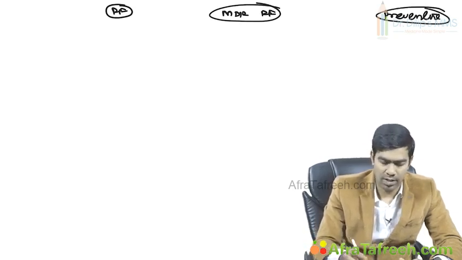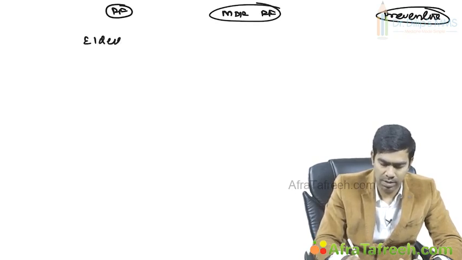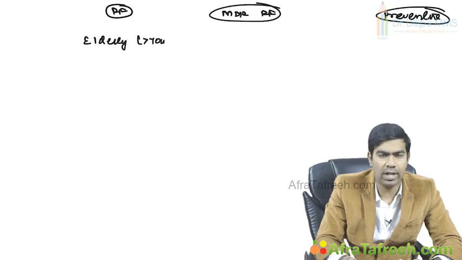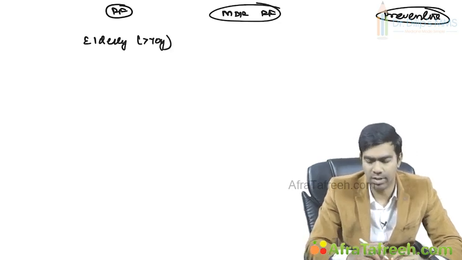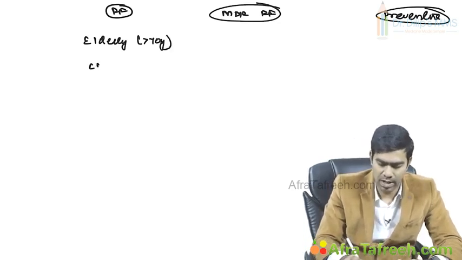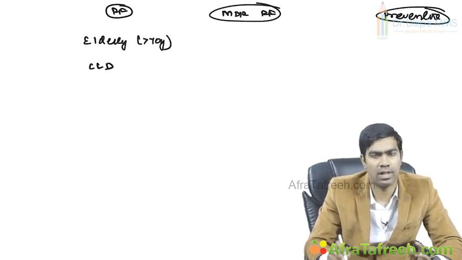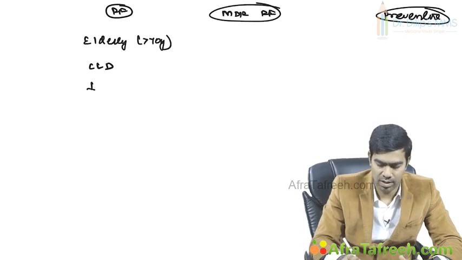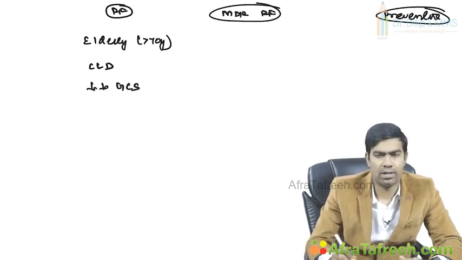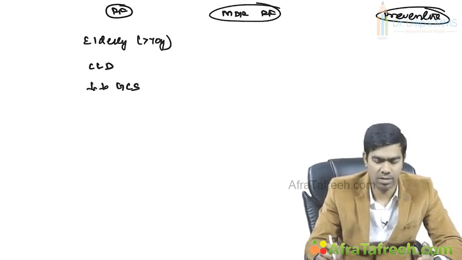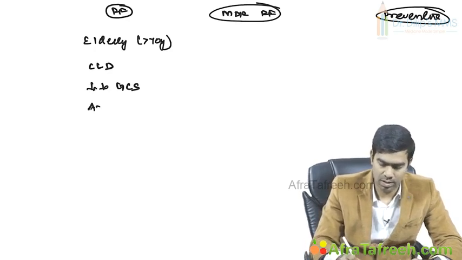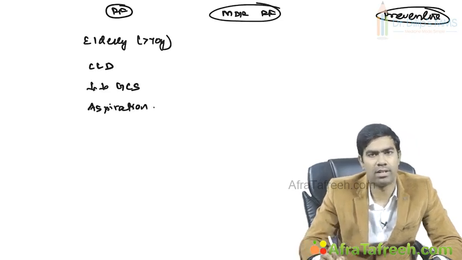First, risk factor wise, the first one is elderly patients, especially those aged more than 70 years, definitely a risk factor. Apart from that, anyone with chronic lung disease, obviously pre-existing lung disease is a risk factor. Low GCS, a definite risk factor, again more risk of aspiration, that's why. And aspiration itself carries a very high VAP risk.